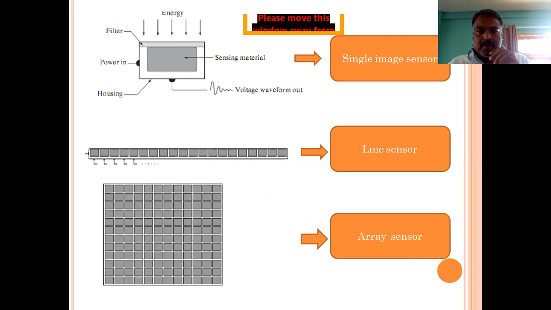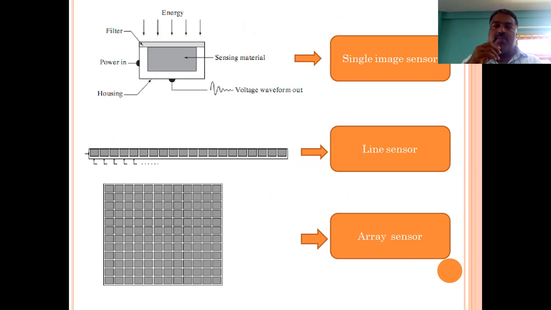In this category of image acquisition, different types of sensing units are involved in the digital devices: single image sensor, linear sensor and array sensor.